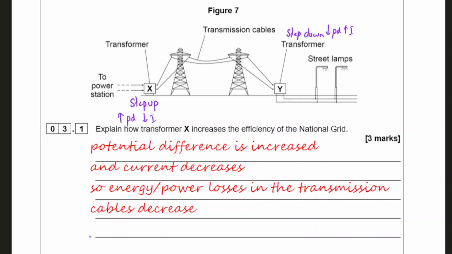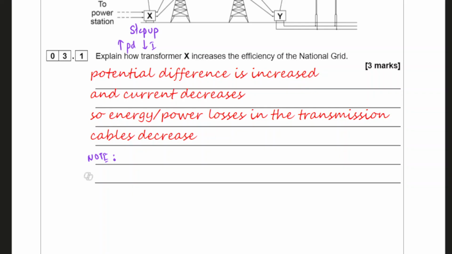Second mark, current decreases, so energy or power loss in the transmission cable decreases, right? As a side note, why does it happen, right? Less current means less resistance in the wire, which means less heating, right?